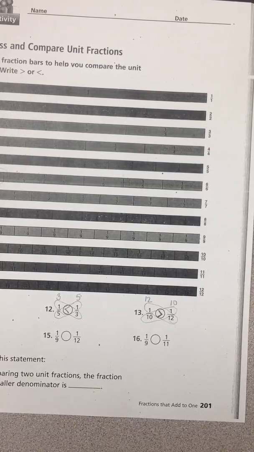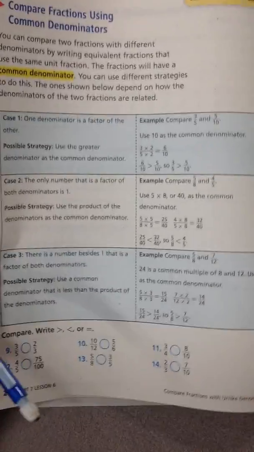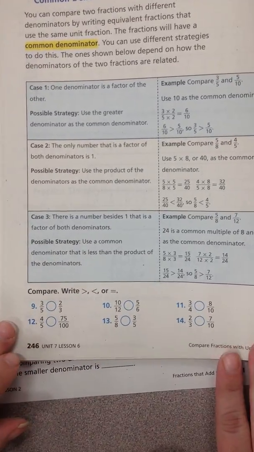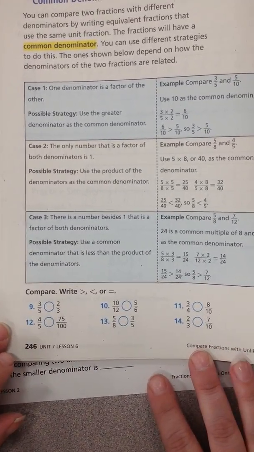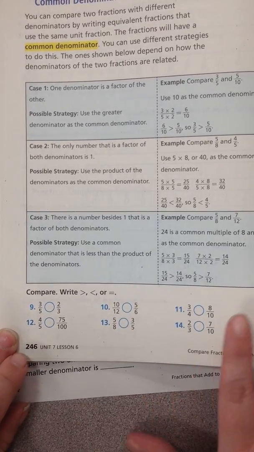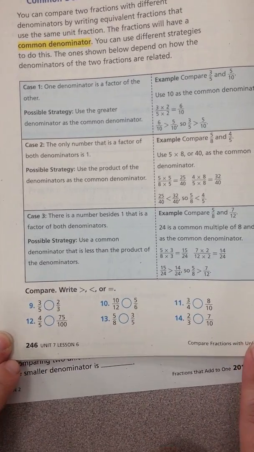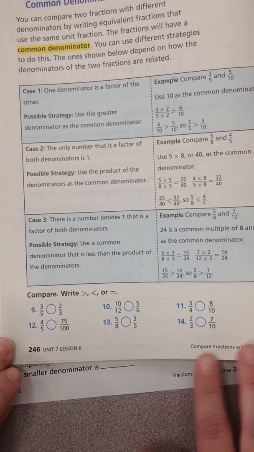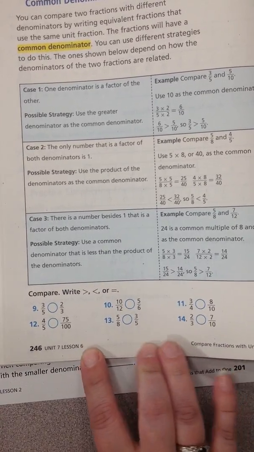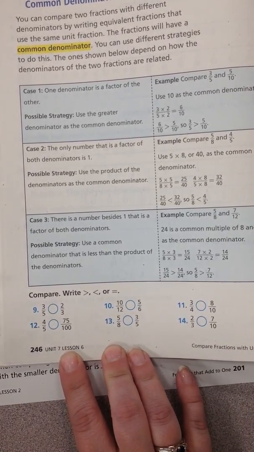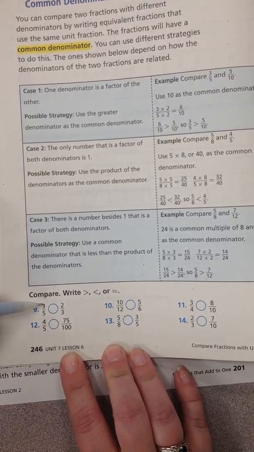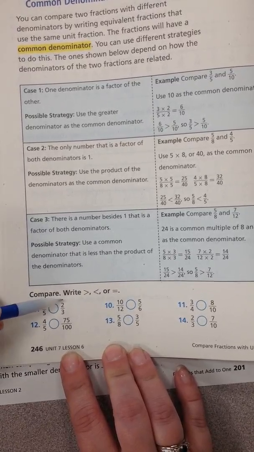In your math books, turn to page 246. Now that I've gotten away from the 1 in my numerator, these are a little bit more tricky to figure out. So I'm trying to figure out 3/5 and 2/3.